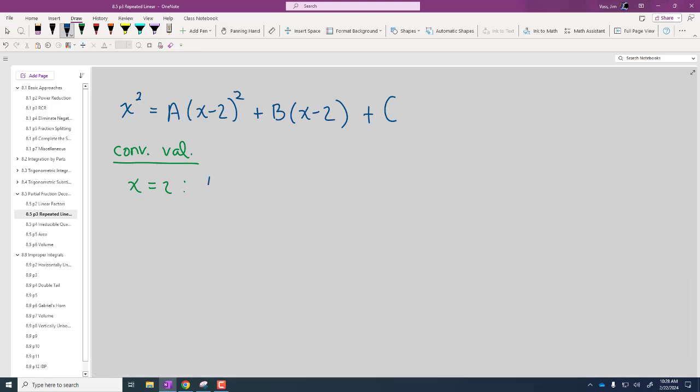So we're going to make that 4 on the left. Oh, done. That was easy enough. We got C. C is 4. Okay, so let's keep going a little bit. We still have some time.